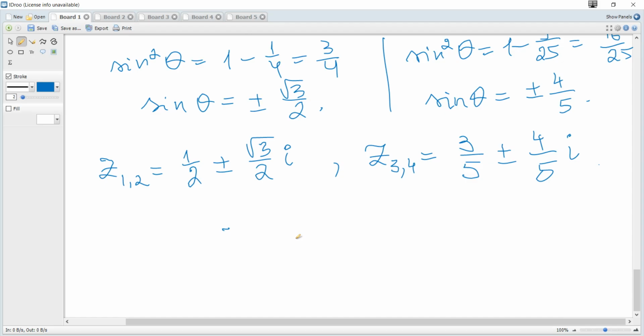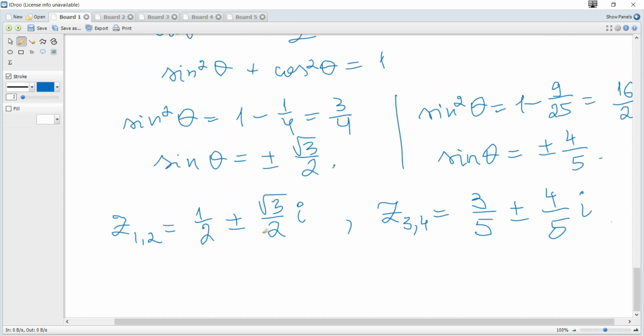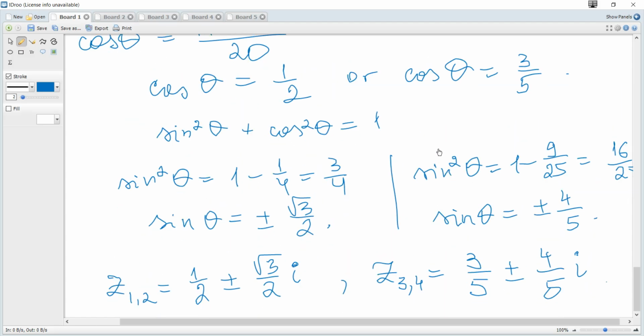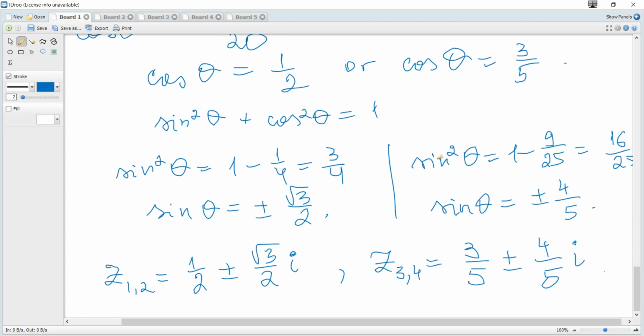If you know the values of cosine and sine, it automatically becomes the Cartesian form like this. And that's all for this question.